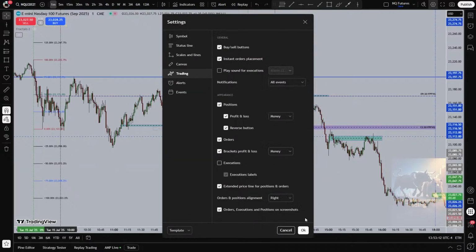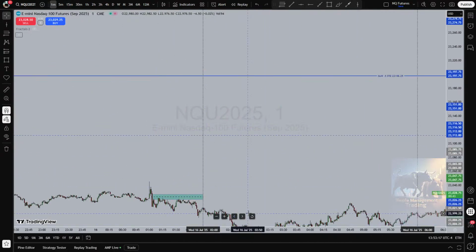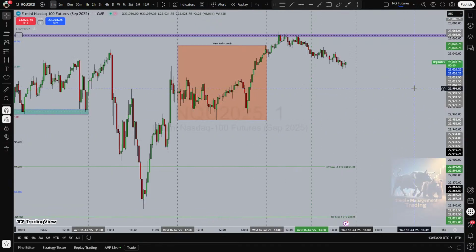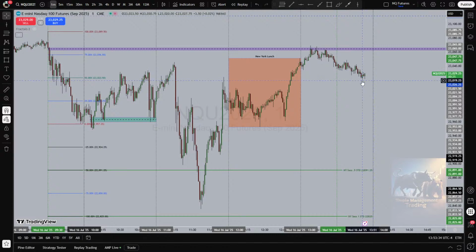Executions. And then let's go back to present time and see what price is doing. Oh, look at that. 2320. From where? From the 46. Oh, but you said 2316. You were off by 3.75 points.